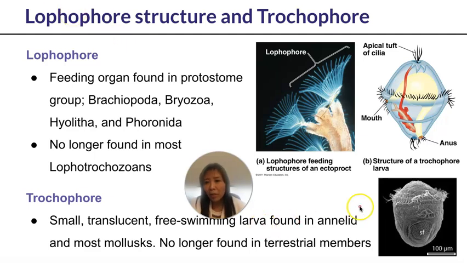And these larvae, you can see their structure here, are also known as trochophores. The distinction with the trochophore is you can see they have these little cilia right here that allow them to move in the water. So this is the larval stage, and at an adult stage, they are no longer in the state right here. And we don't observe this in terrestrial members.